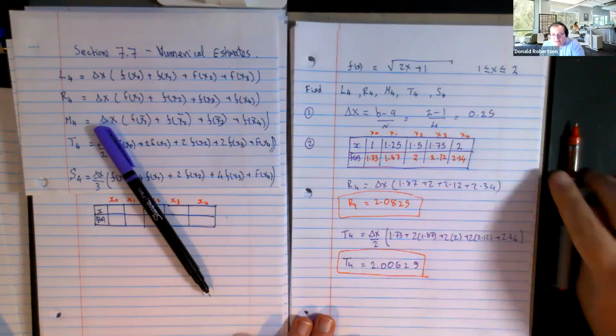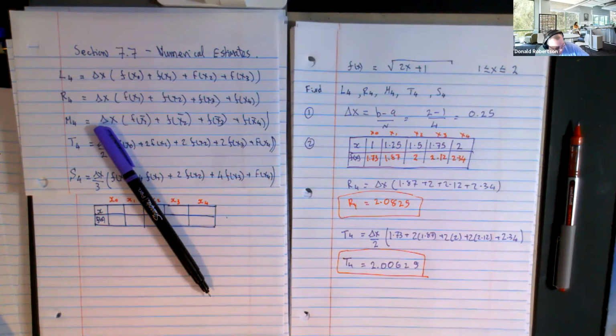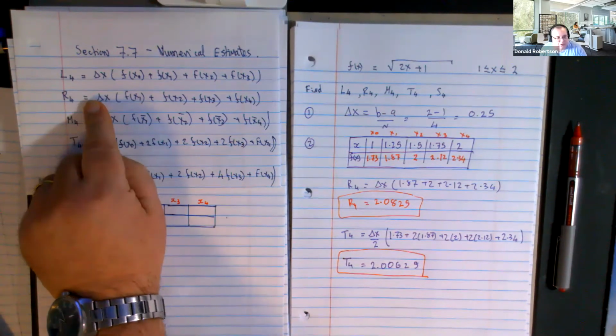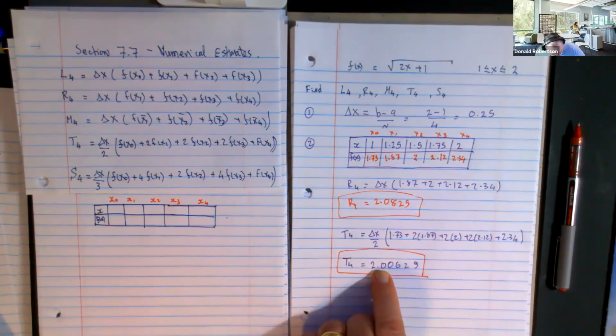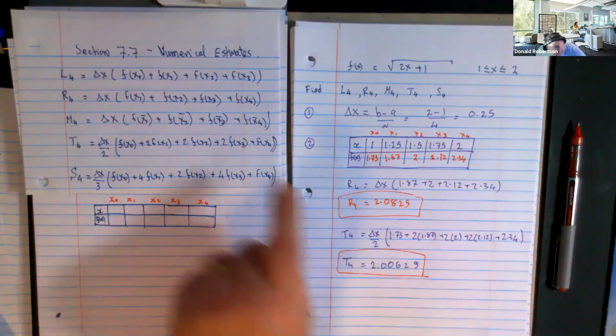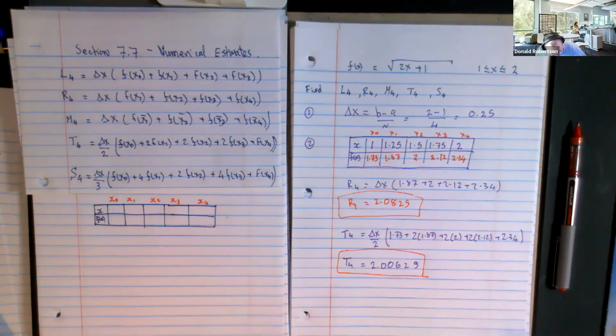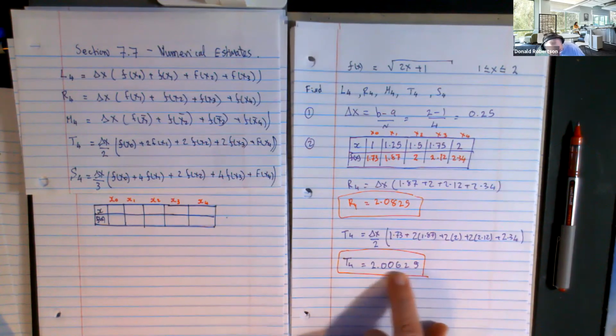Now, in the big scheme of things, left and right are not very accurate, right? They're easy to do, but they're not great. Trapezium in general is better than either of those. So in general, I could say that this estimate is probably closer to the true answer than that one.